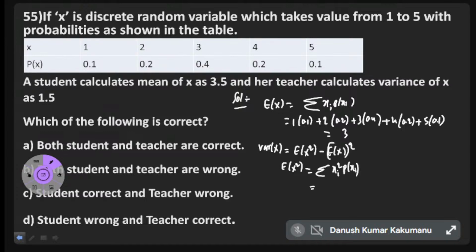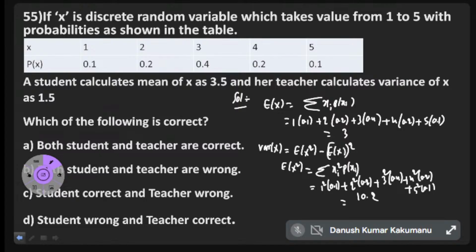That means 1 square into 0.1, 2 square into 0.2, 3 square into 0.4, 4 square into 0.2, 5 square into 0.1. How much is the value you are getting for E of x square? Simplify. 10.2. E of x square is 10.2.